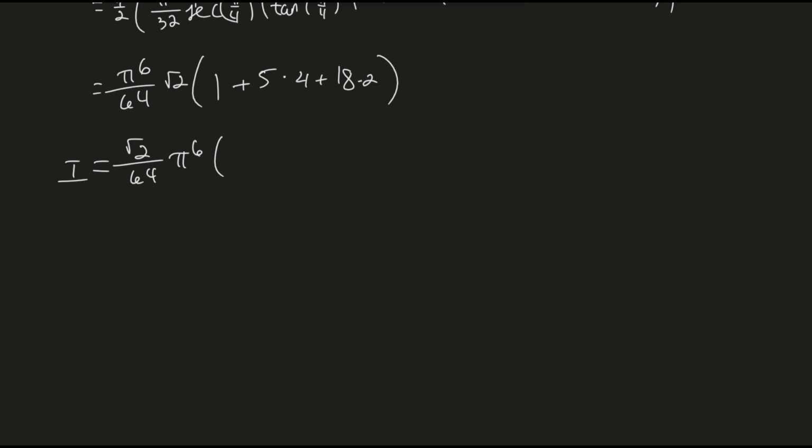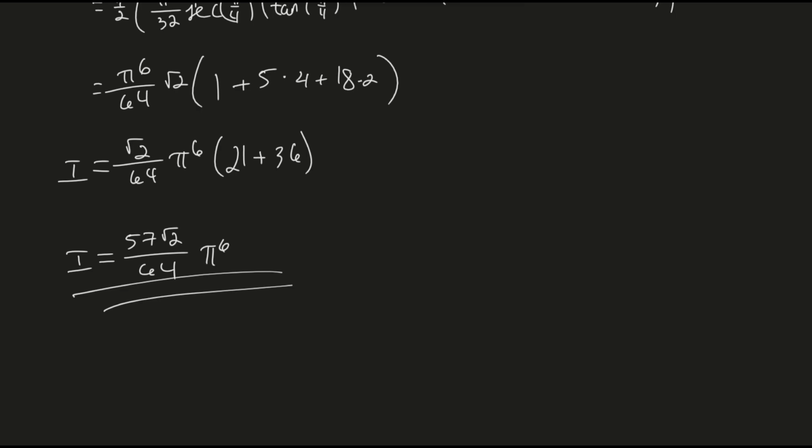So we have 21 plus 18 times 2, 36. And this is 57. So we have 57 √2 over 64 times pi to the 6th power. And if that isn't the weirdest result you've ever seen, I don't know what it is.